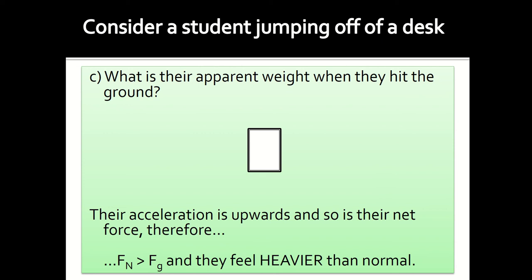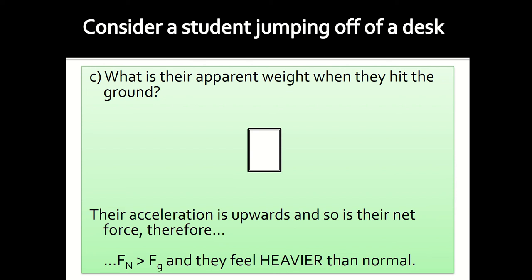So the acceleration of their body is going to be in the opposite direction of motion, which means the acceleration is going to be upwards. They're going down, hit the ground, and the body keeps moving towards the ground. So the normal force is going to end up being bigger than the force of gravity.